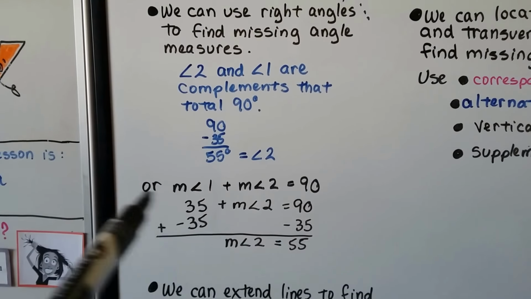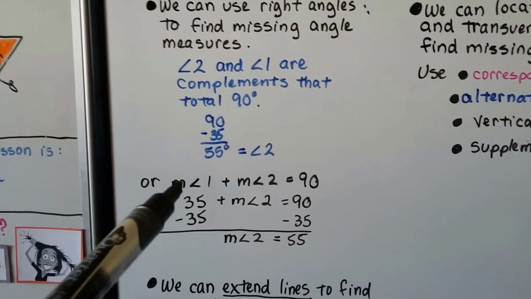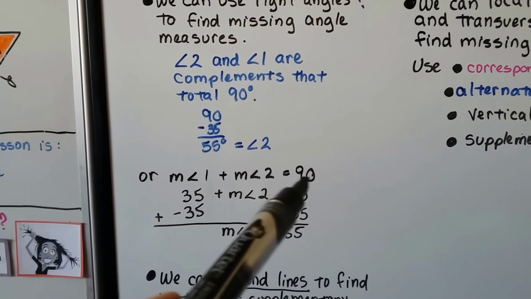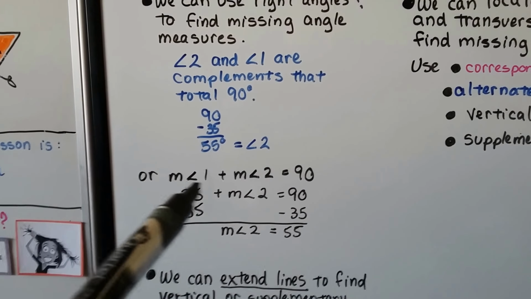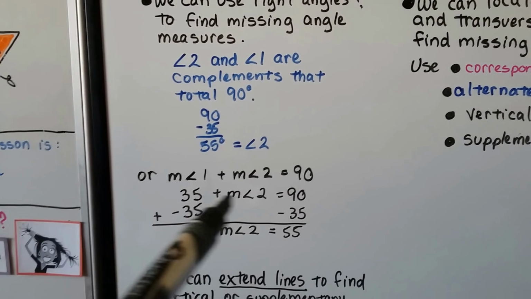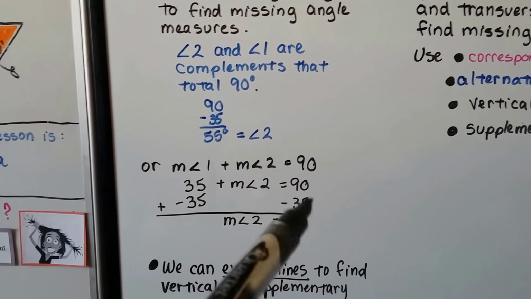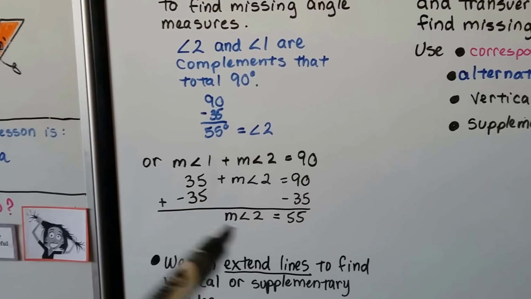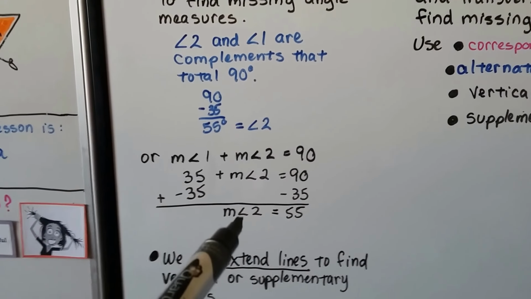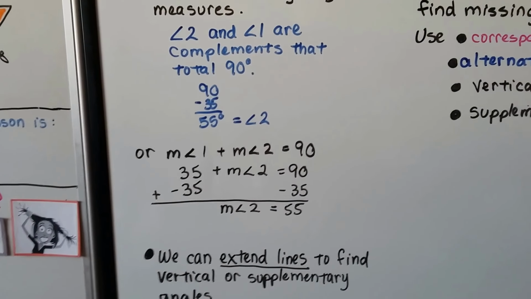We could even do it the equation way of saying that angle 1 and angle 2 equal 90 degrees. The 35 degrees is the measure of angle 1, so that plus the measure of angle 2 is 90. We add a negative 35 to each side to isolate the measure of angle 2. Create a 0 pair here, and we get that the measure of angle 2 is 55. See?